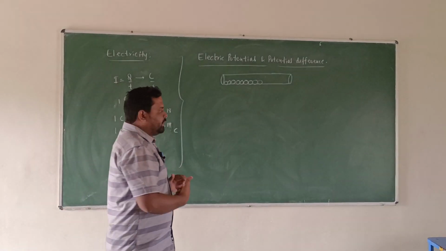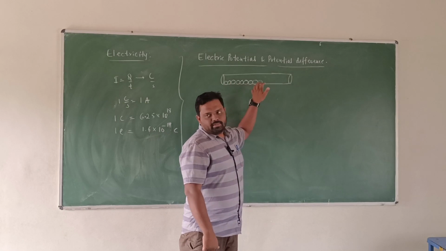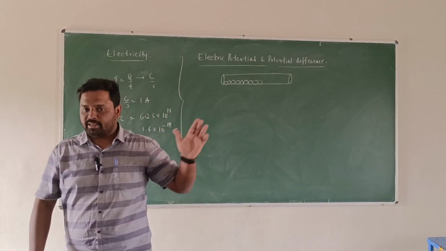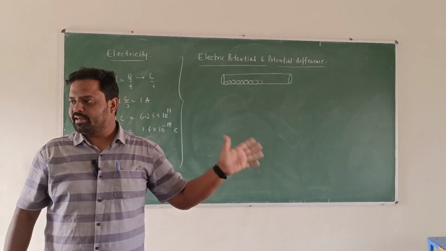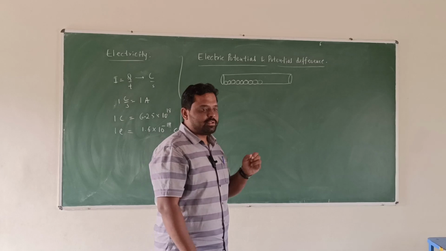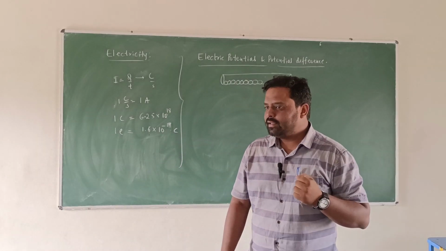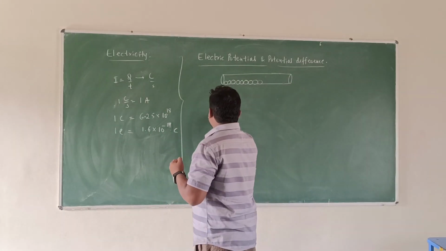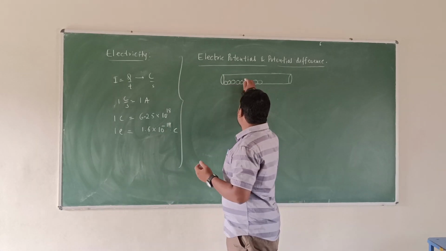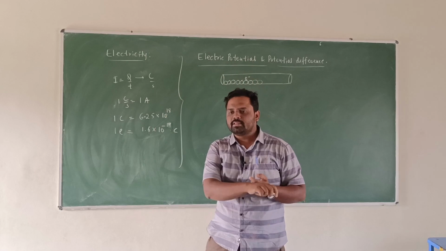What is that? In the case of a pipe, marbles started moving only when they were given certain height from one side. They were given certain potential. Now, what is electricity? Electricity is flow of charges, correct? So assume this pipe as a conductor or a wire, and assume these marbles are, let us say, electrons.